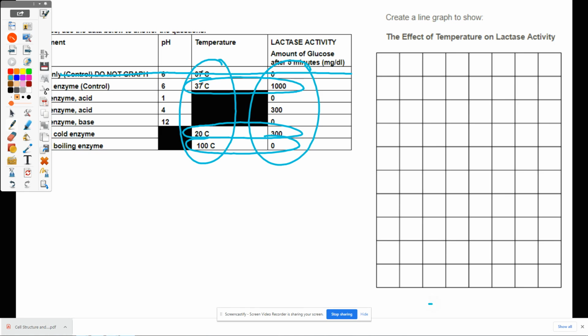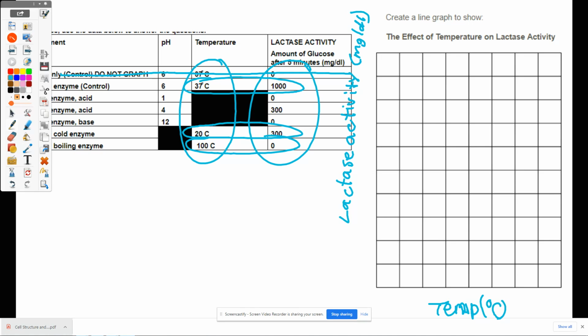Temperature is our independent variable, so we'll put temperature on the x-axis, and we're going to put our units of degrees Celsius. On the y-axis, we're going to put lactase activity. And we're going to put our units again, so check yours and make sure that you have your units posted. For our temperature scale, we need to go from 20 to 37.